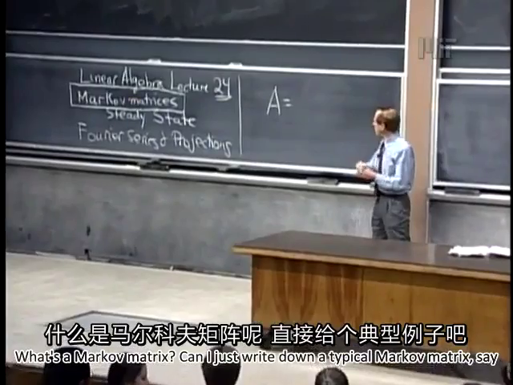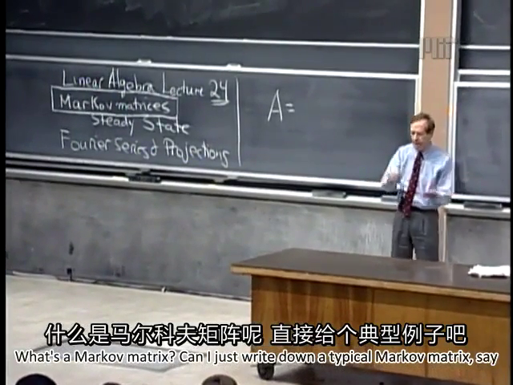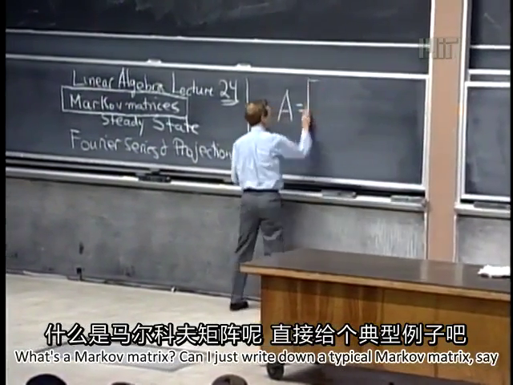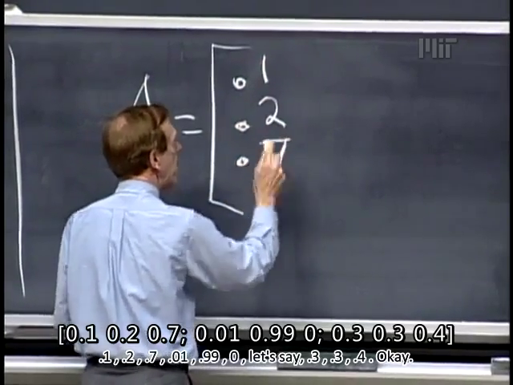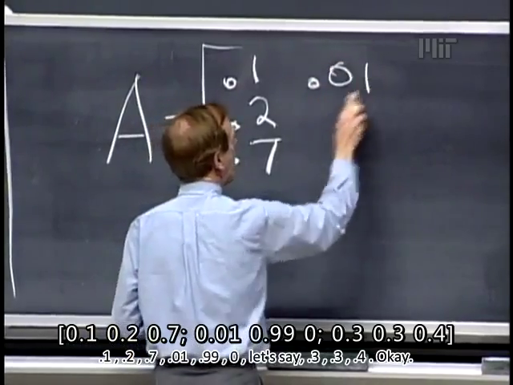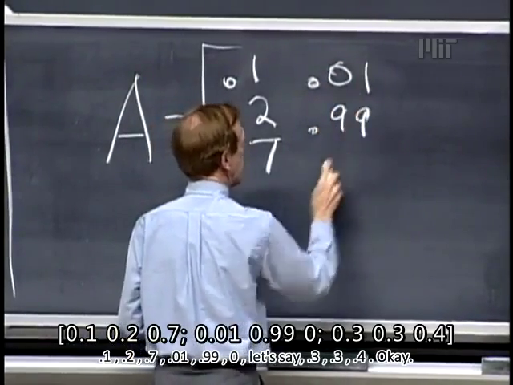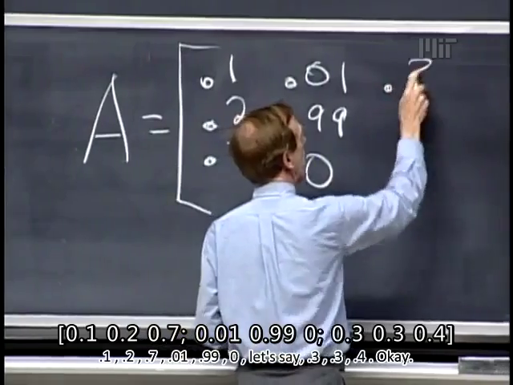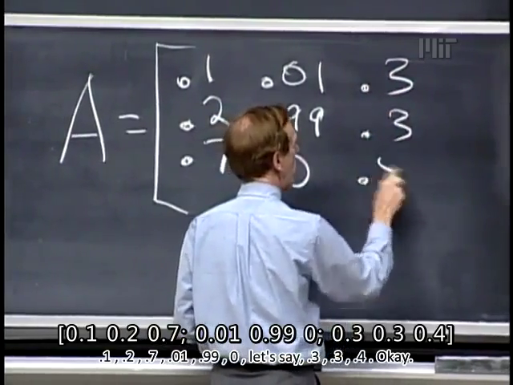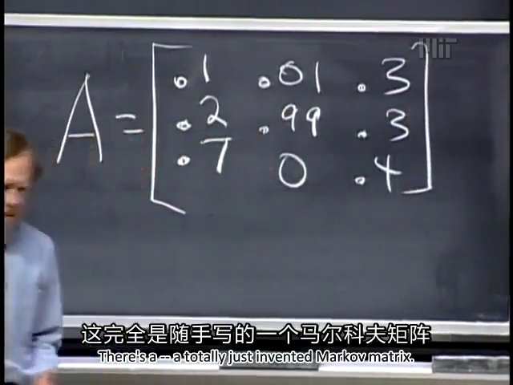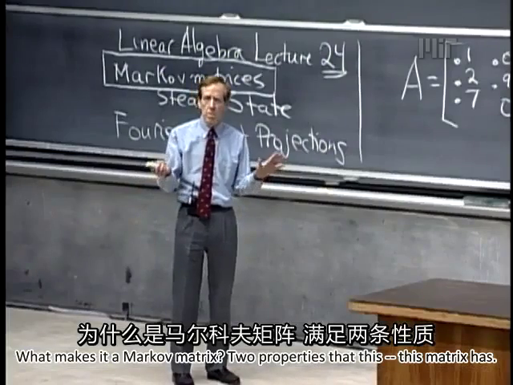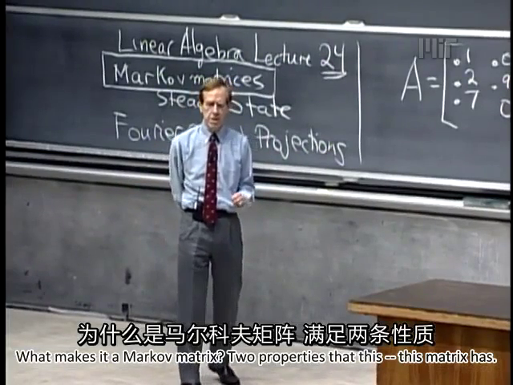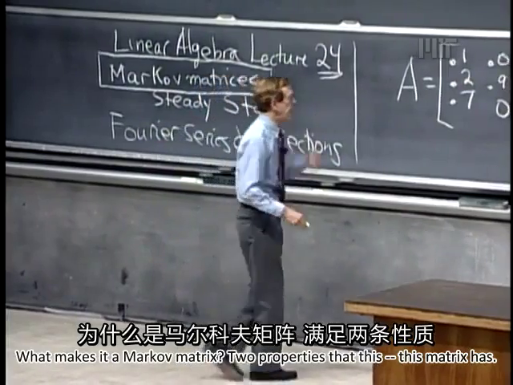Okay, what's a Markov matrix? Can I just write down a typical Markov matrix, say 0.1, 0.2, 0.7, 0.01, 0.99, 0, let's say, 0.3, 0.3, 0.4. Okay, there's a totally just invented Markov matrix. What makes it a Markov matrix? Two properties that this matrix has.